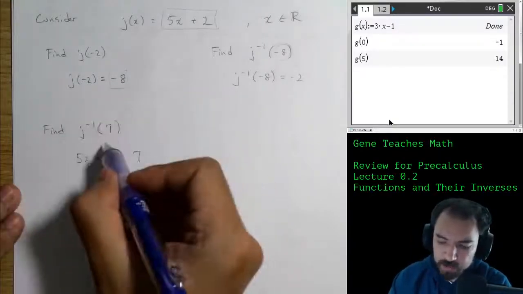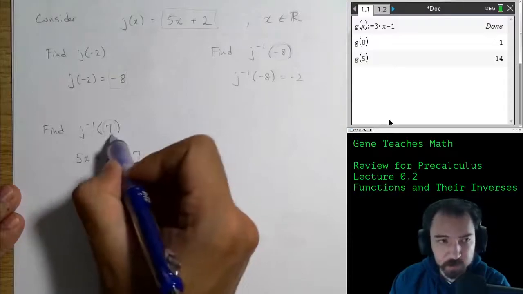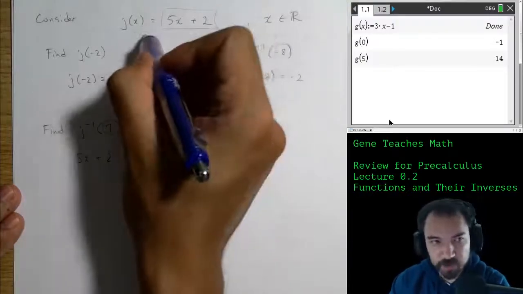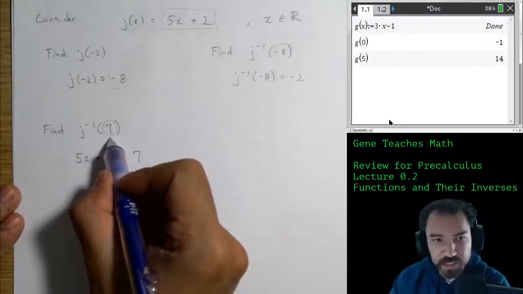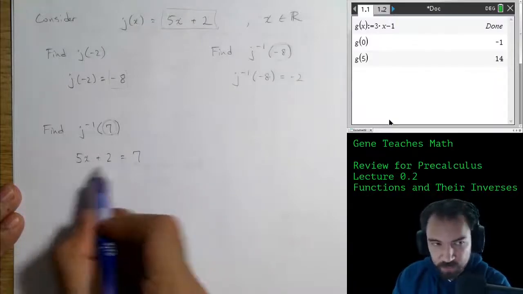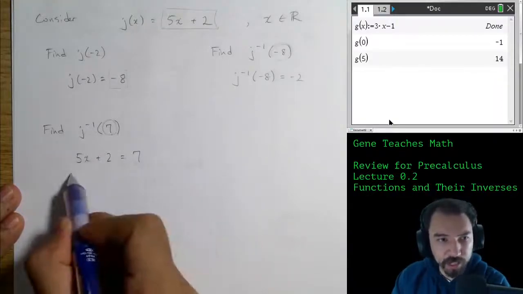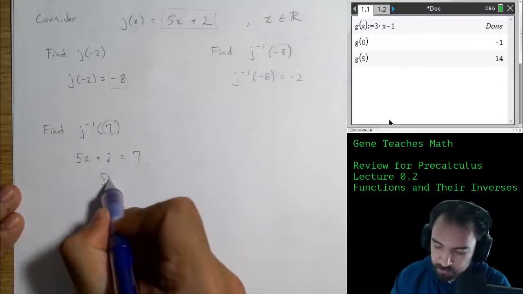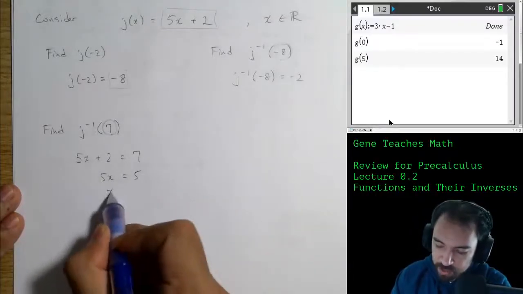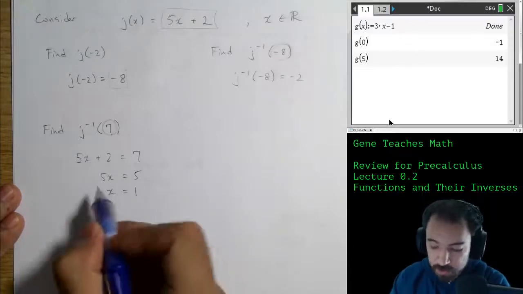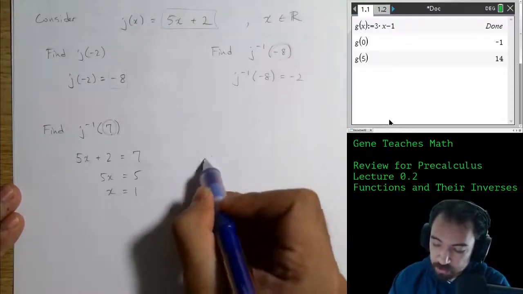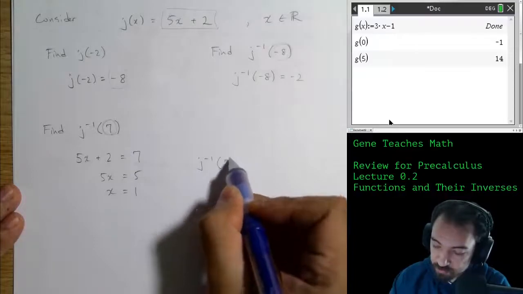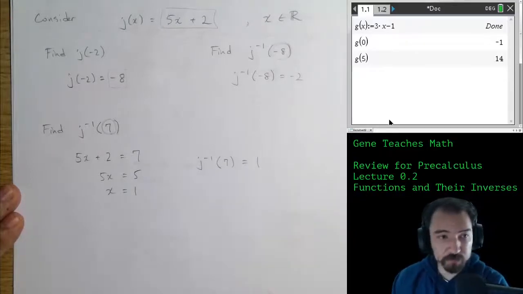Since this is supposed to be the output, we can take the function j of x and set it equal to 7. So this is reading j of x equals 7, find x. I'm trying to solve this, and now we have a linear equation. We can just subtract 2, say 5x equals 5, and then x equals 1. Which means we can conclude that j inverse of 7 is 1.